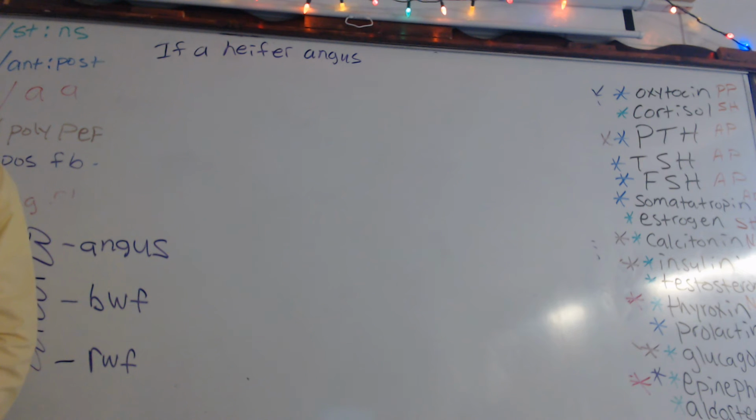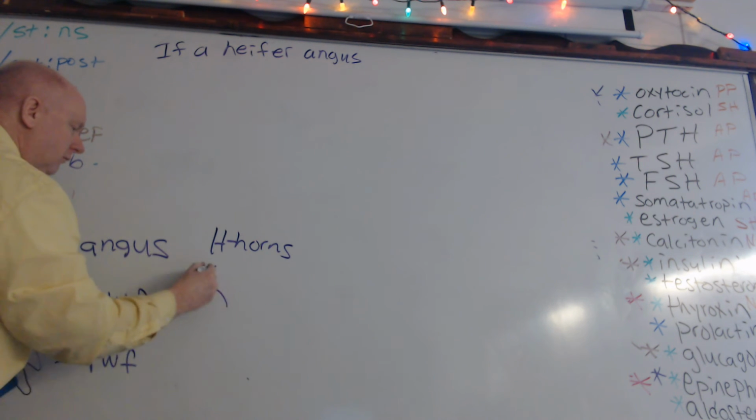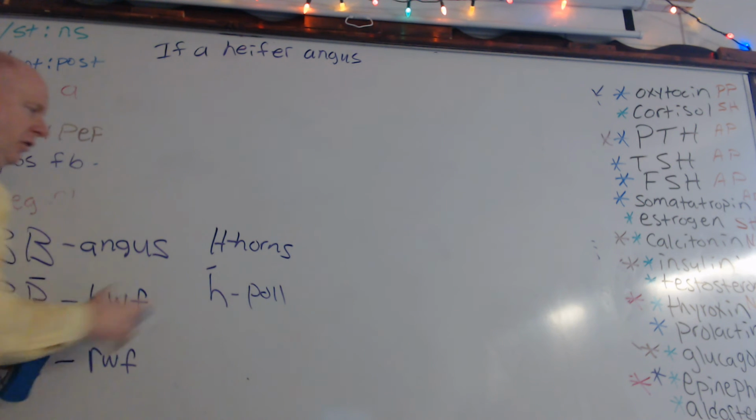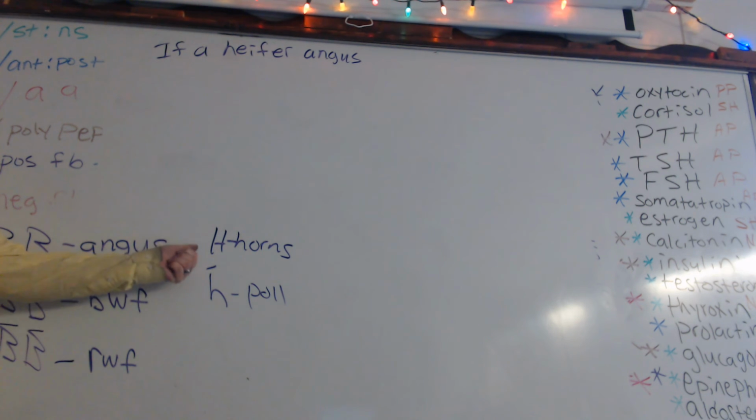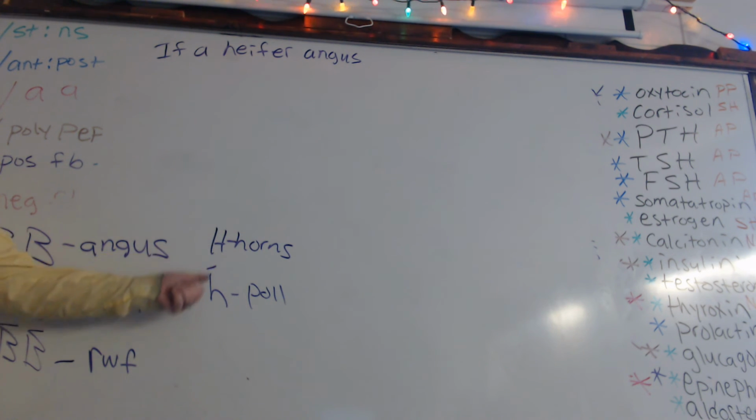Does she have horns? If she has horns, what are your 2 alleles for that? Remember, polled means no horns. So she's got horns. This is not codominance or incomplete dominance. If she's got horns, are both alleles this one or one of each? You could say that is homozygous what?